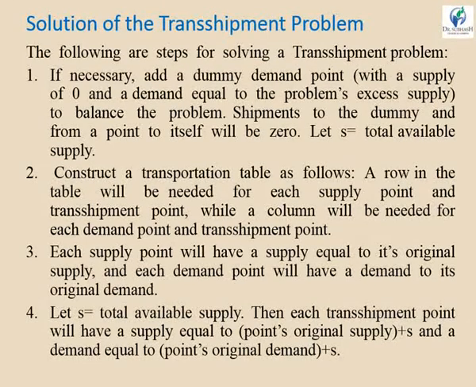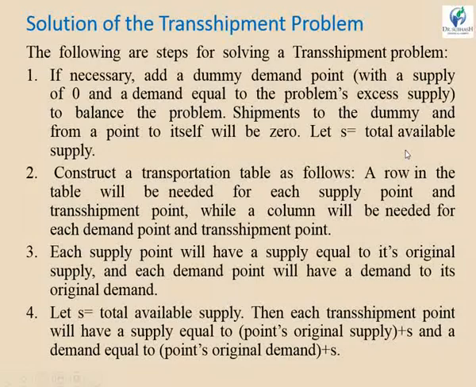According to the requirement, you can add a dummy demand point or dummy supply point to make the problem a balanced problem. The cost values of those will be 0, so it doesn't affect the final solution, but we are just balancing the problem by adding the dummy demand points or dummy supply points.